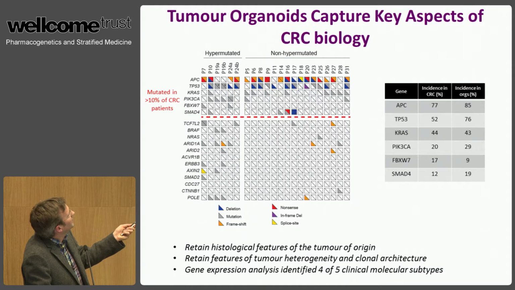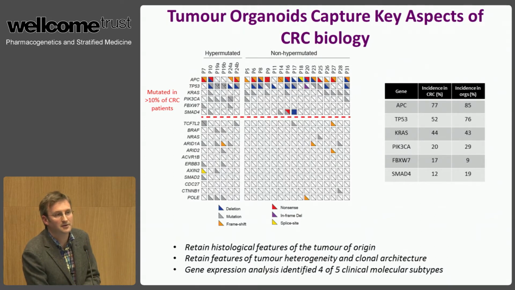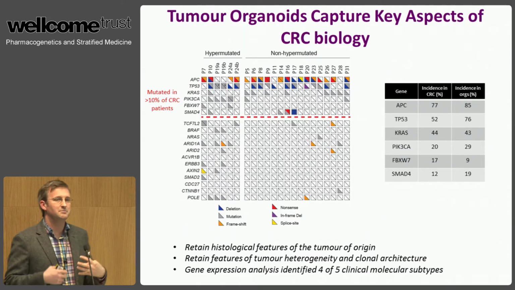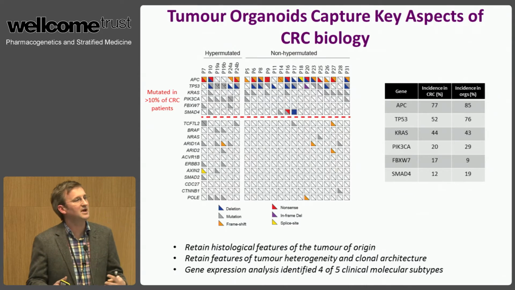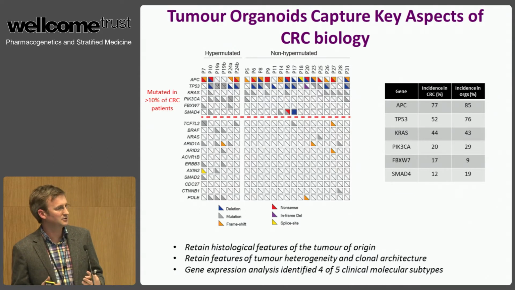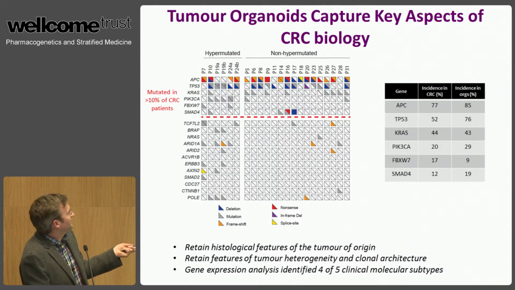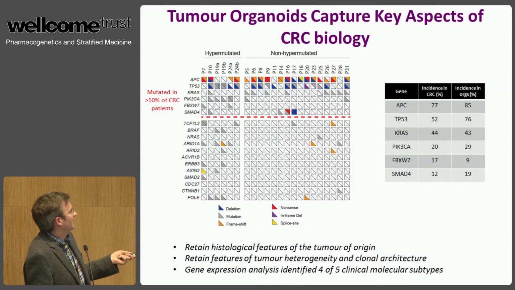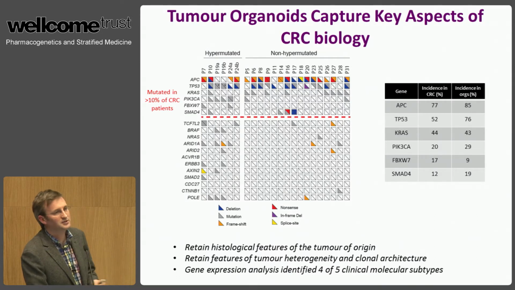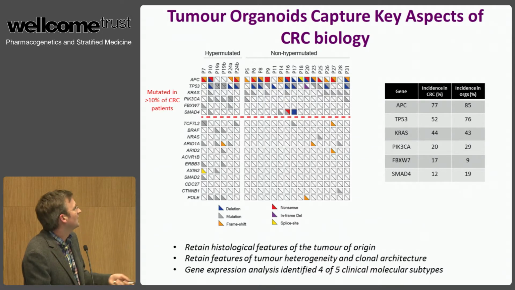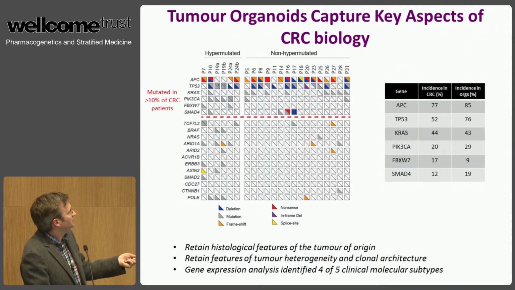And a similar story for other known cancer driver genes in colorectal cancer, for example, PIK3CA here. So we're capturing the major driver genes, and we're capturing them at a frequency which is broadly similar to what we observe in patient cohorts. Again, just to summarize additional data that I don't have time to go into today, these organoids retain the histological features of the tumor of origin. They also retain features of the heterogeneity and clonal architecture.